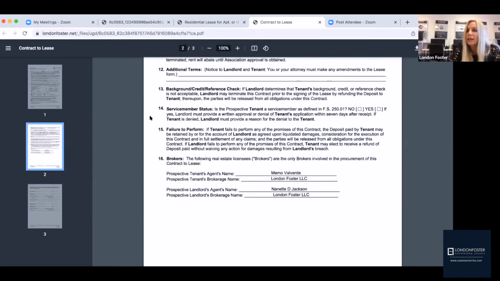Background credit check. If the landlord determines that it's not acceptable, they can terminate the lease by refunding the deposit. The deposit does not mean the application fee, so I want to make sure that everybody's clear on that. If the landlord doesn't want that tenant, they can deny that tenant, and they do have to refund that deposit.